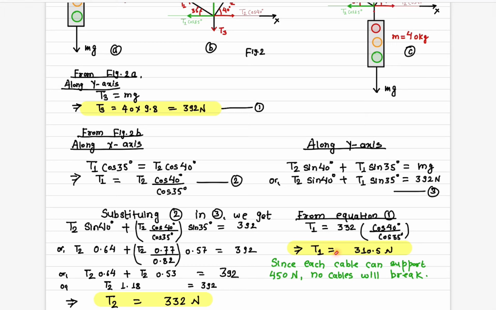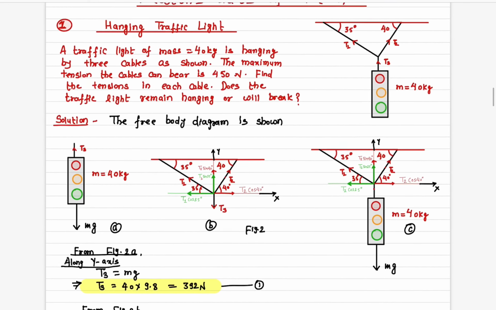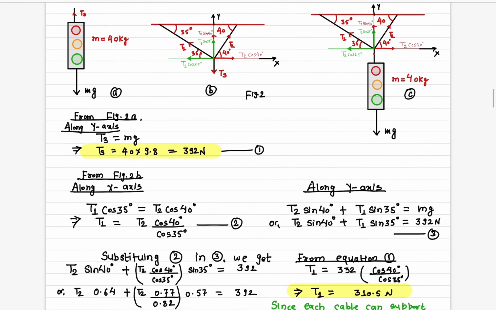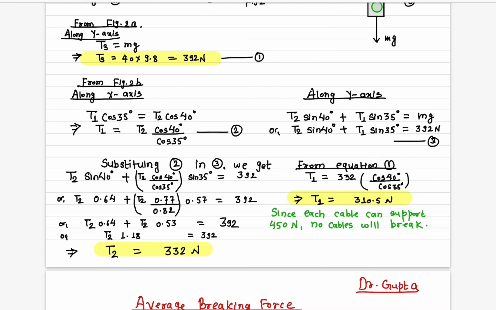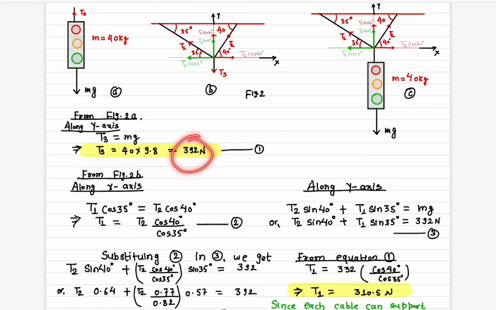T2 is slightly greater than T1 because it is more towards the vertical, so more tension has to be on T2. If you look at the numbers here, this is 332, this is 310, and this is 392 Newton.